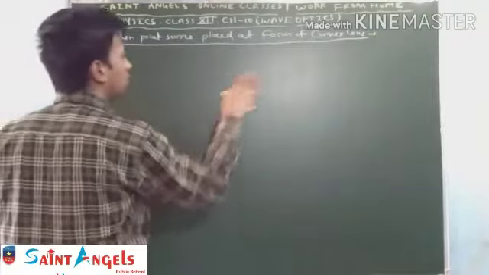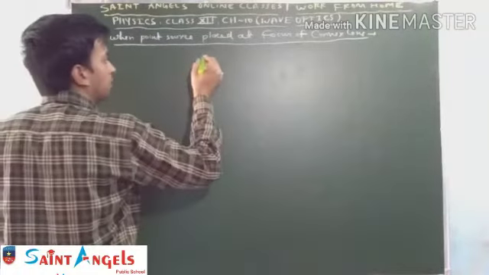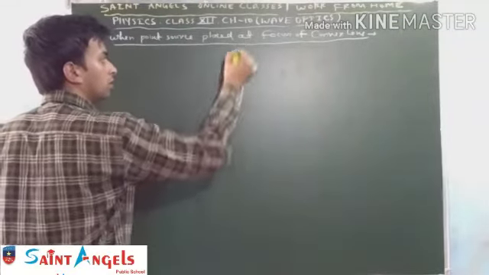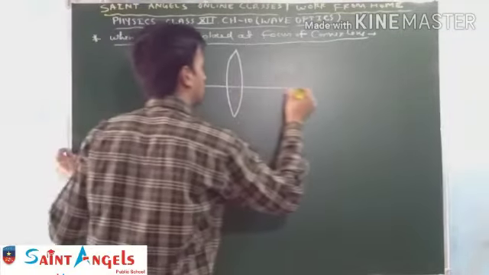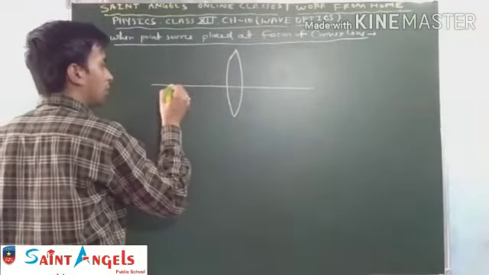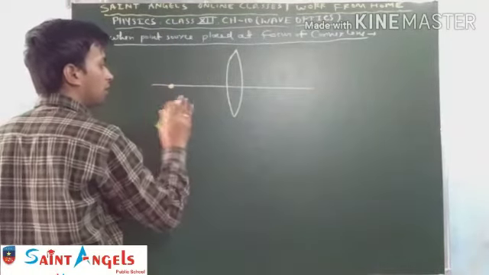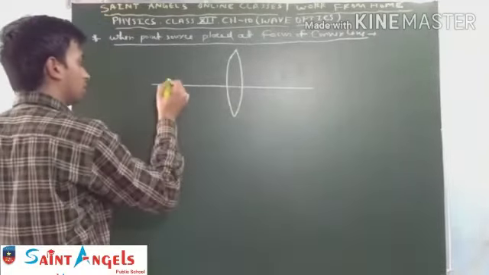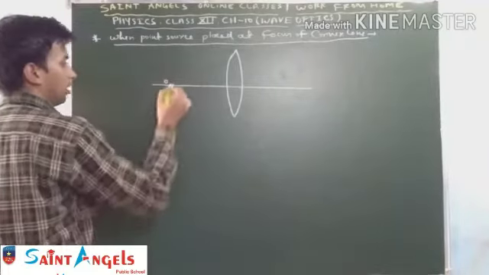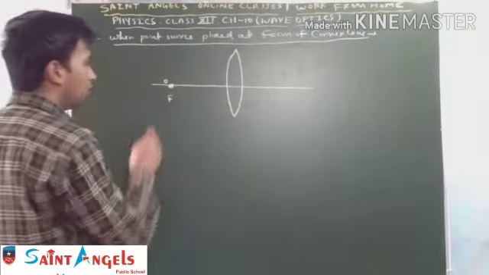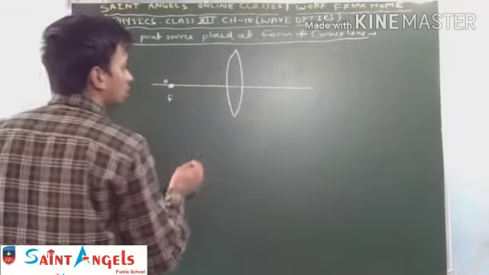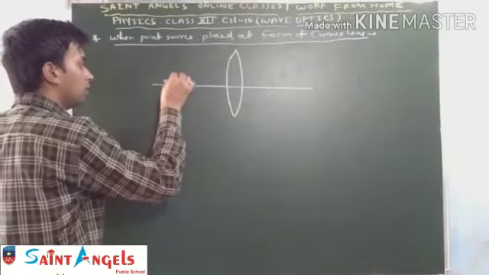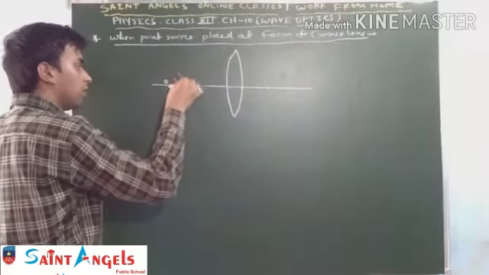We will discuss in this topic. This is a convex lens and a point source is placed at the focus point of this convex lens. Consider a point source or point object O placed at the focus point of this convex lens. This is a point object, that's why it produces a spherical wavefront.